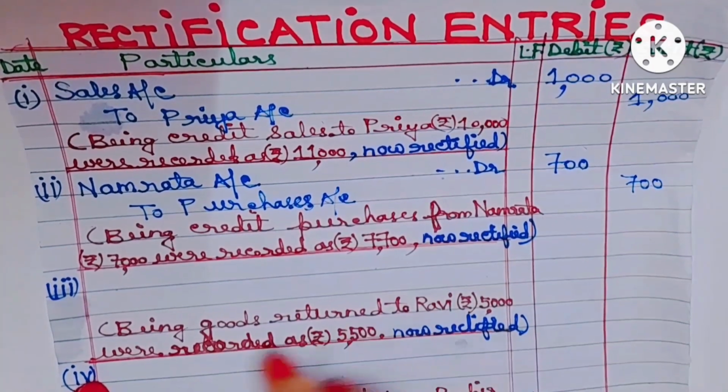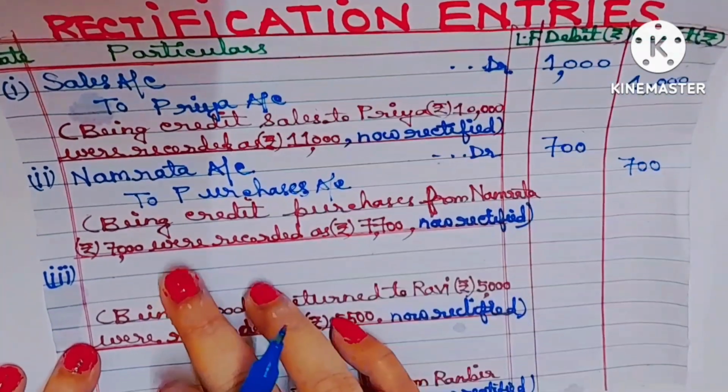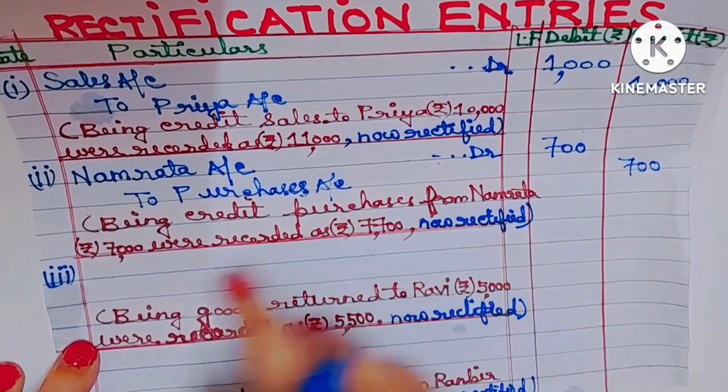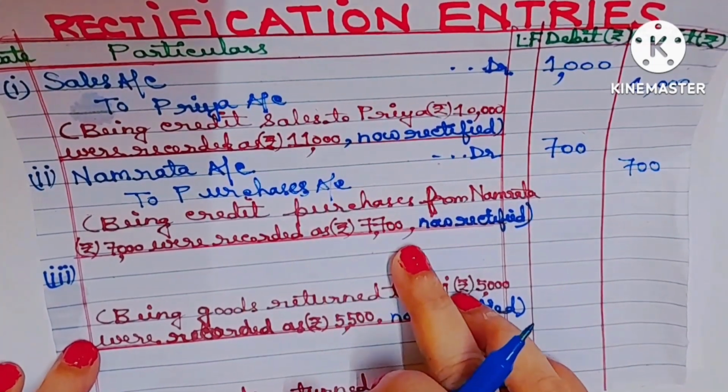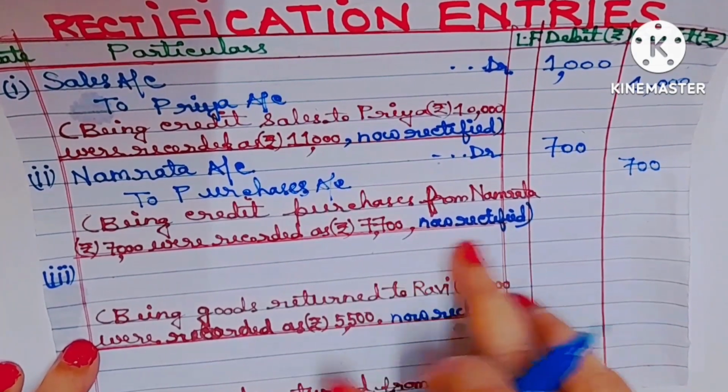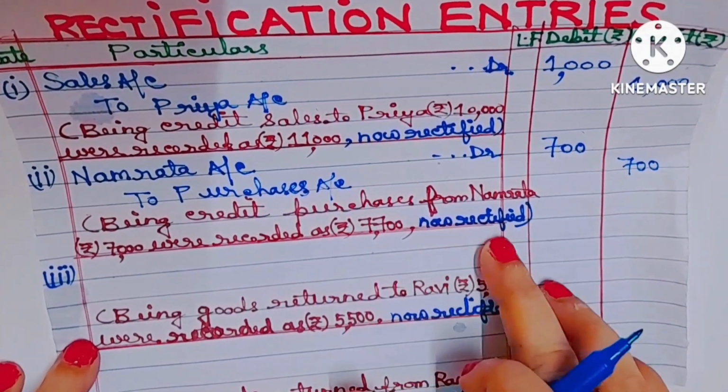Okay, and you always have to write the narration. Being credit purchases from Namrata rupees 7,000 were recorded as rupees 7,700, comma, now rectified. Always have to use these 2 important words, now rectified.